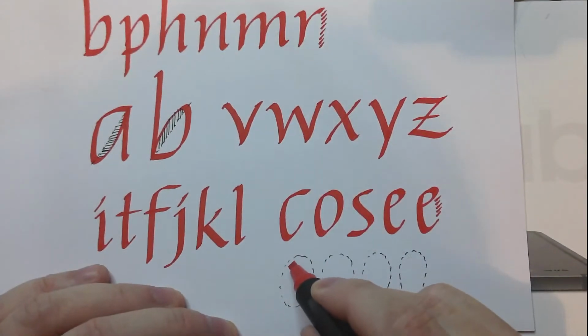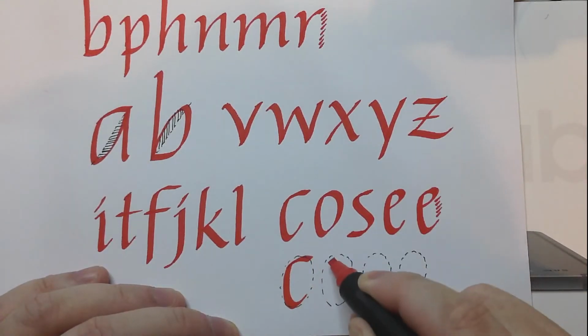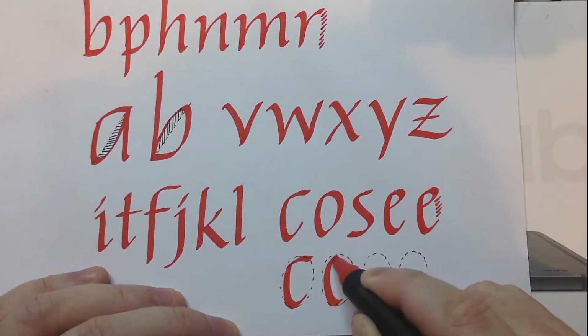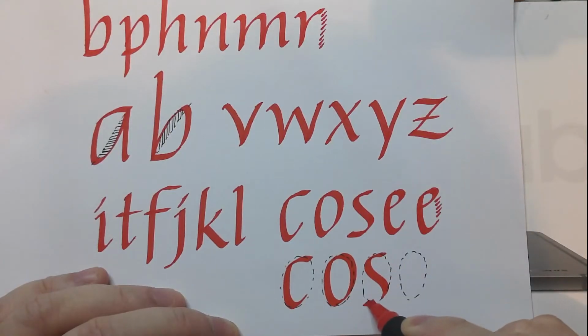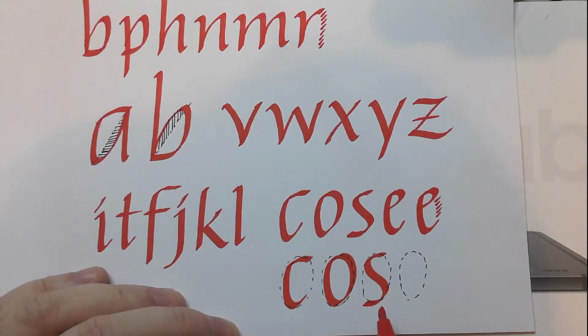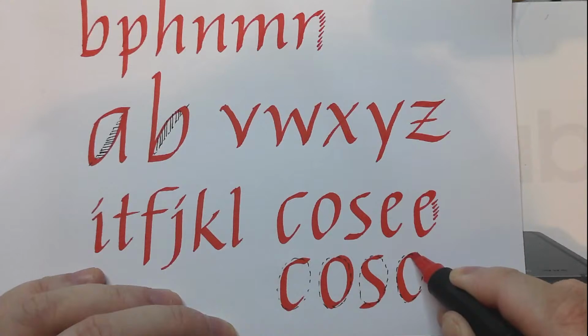So the C will be like this. The O, of course, fits perfectly. The S. The S is going to be protruding a little bit over here. And the E is going to fit nicely.